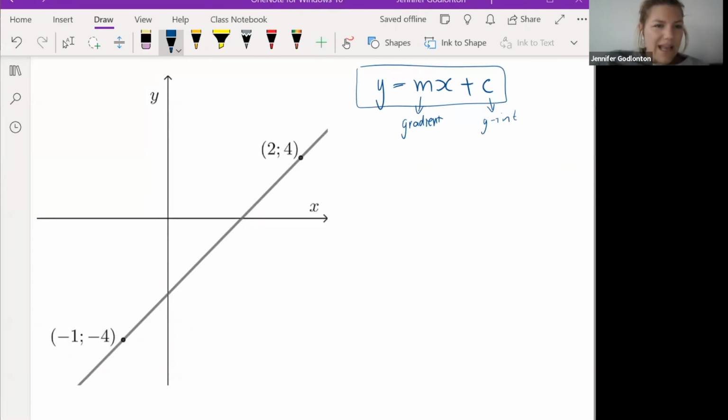So many hands have popped up. Numaza, how can I help? Sorry, ma'am. For my gradient, I got 8/3. That's okay. You're allowed to get a fraction. And then for my y-intercept, oh my gosh, what did I do? Are you just being a little sneak and trying to confirm that your answers are right? No, I actually worked it out.